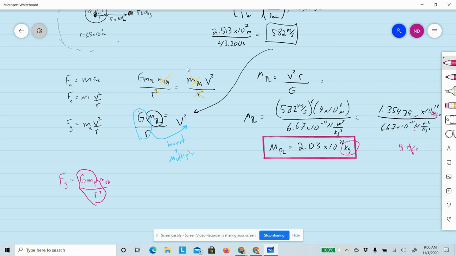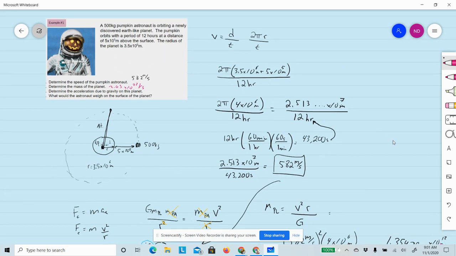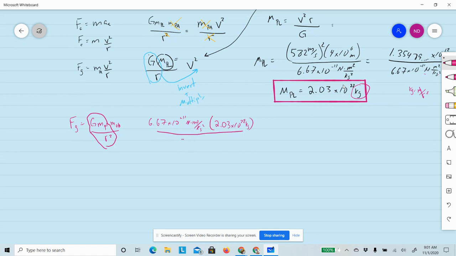But on this planet, it would be 6.67 times 10 to the minus 11th newtons meters squared per kilogram squared, times the mass of the planet, 2.03 times 10 to the 22nd kilograms, divided by the separation, the radius of the planet, 3.5 times 10 to the 6th meters squared.